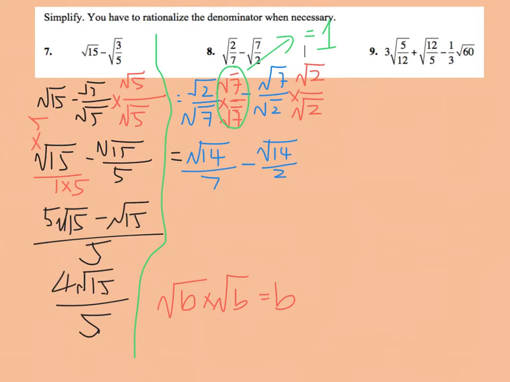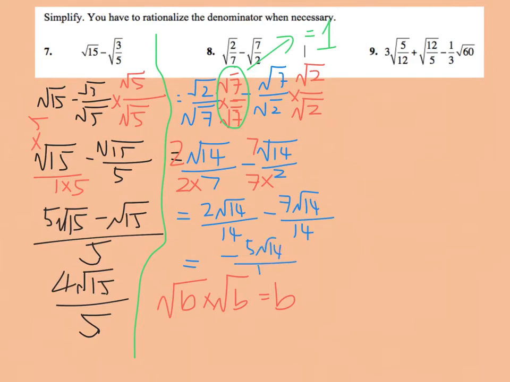So I will multiply 7 by 2 to give me 14, and I'll multiply 2 by 7 to get 14. So I end up with 2 root 14 over 14 minus 7 root 14 over 14. So the final answer in this case will be negative 5 root 14 over 14.